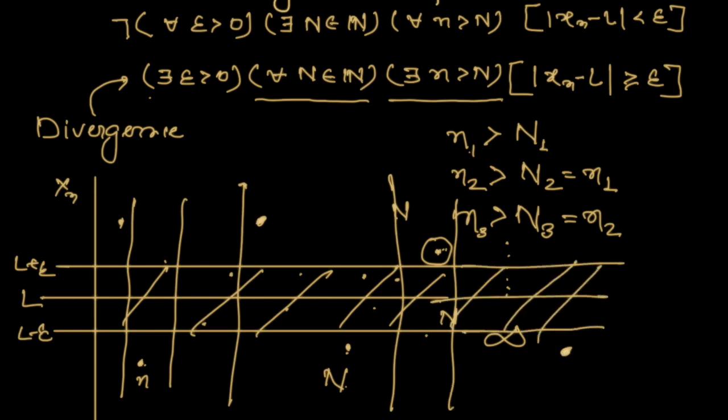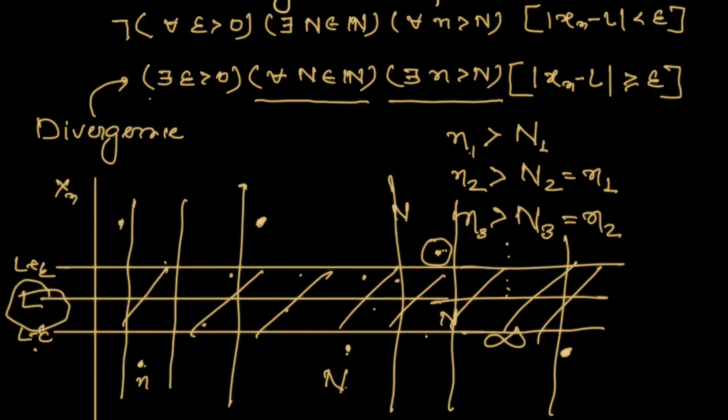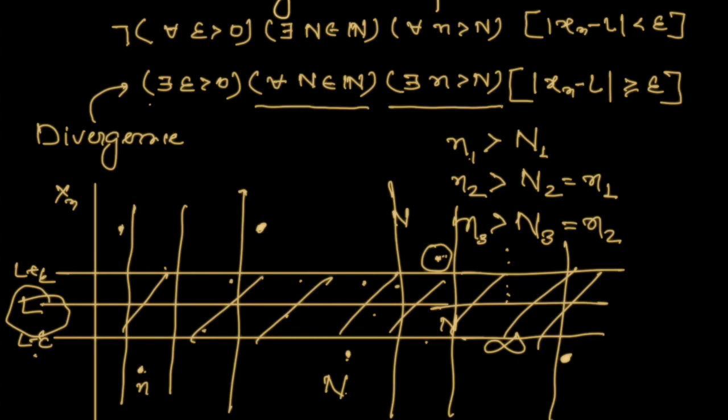So this will go on and on forever. So you will get infinitely many points which are outside this interval L minus epsilon and L plus epsilon. And this is what divergence means, that you will get infinitely many points sufficiently away from this L. And in such a case, the sequence is called divergent.